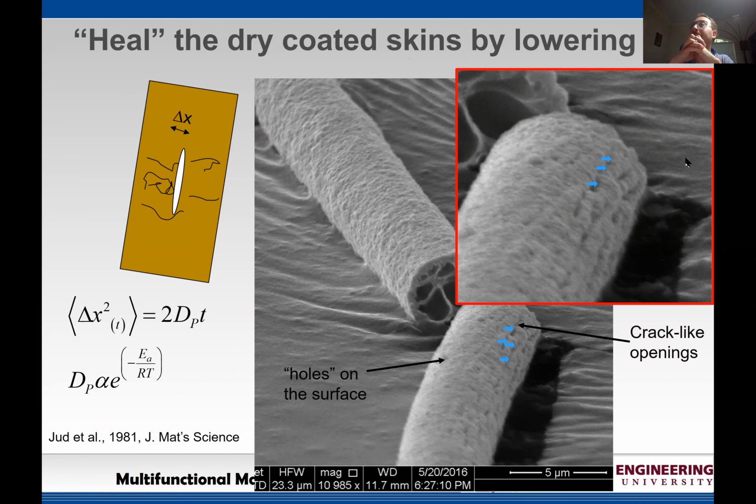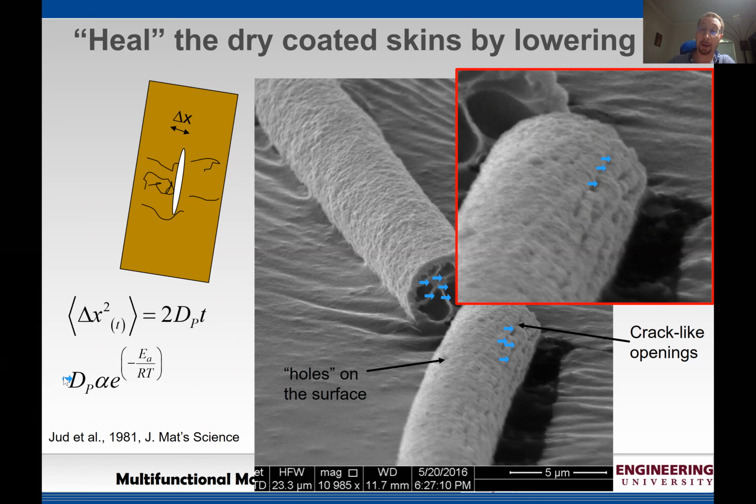But we could not increase the temperature of the material, because if we had increased the temperature, the core that I'm showing you here, and these walls of the core, would have melted prior to these cracks healing. So now, if you go back to the diffusion equation, my goal is to accelerate the diffusion, which means I need a higher diffusion coefficient.